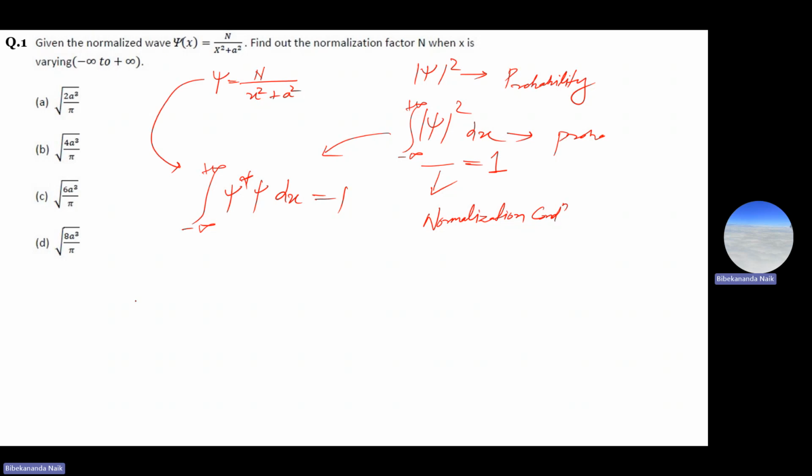If you put it in, we will have N mod square, because the wave function is real, so psi of x and its conjugate are equal.